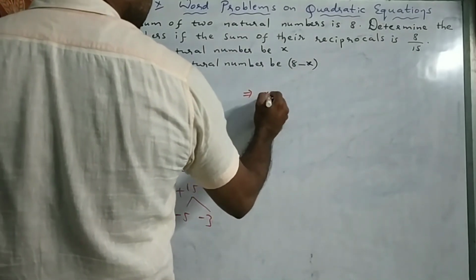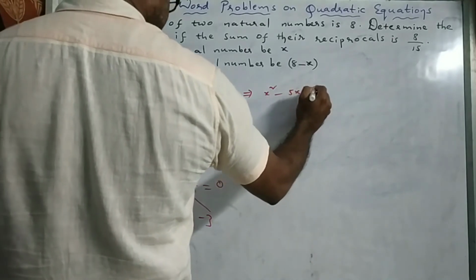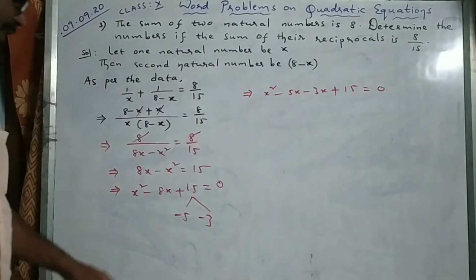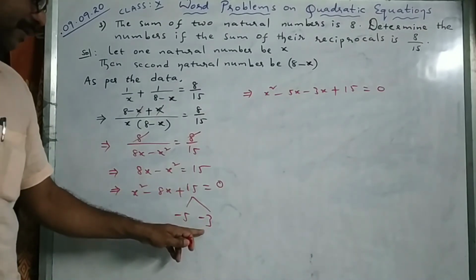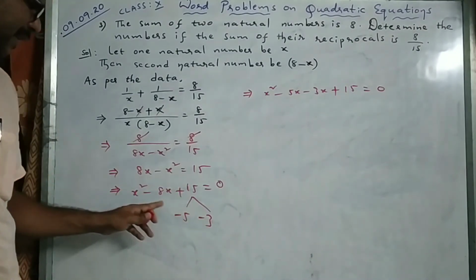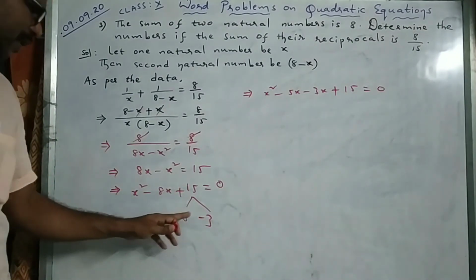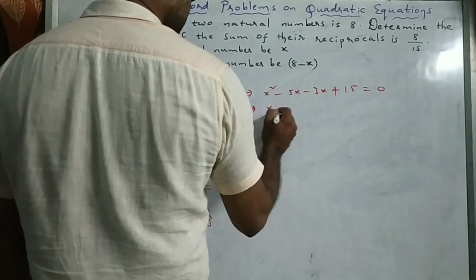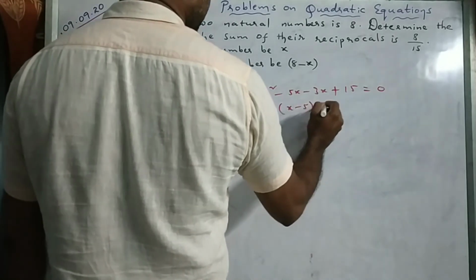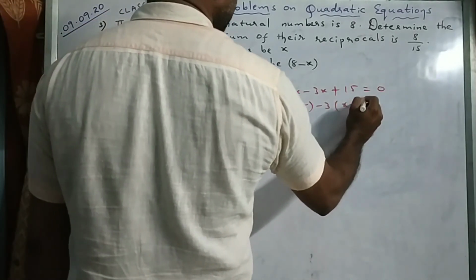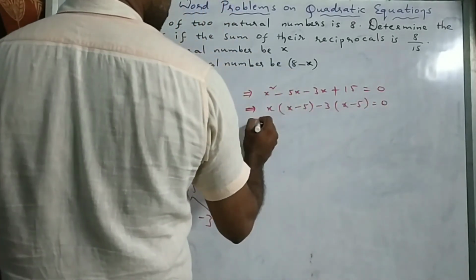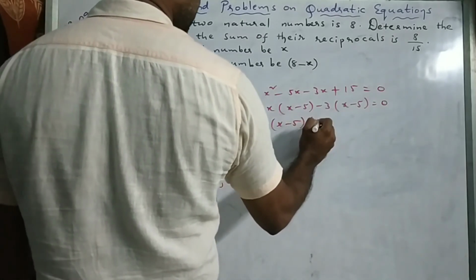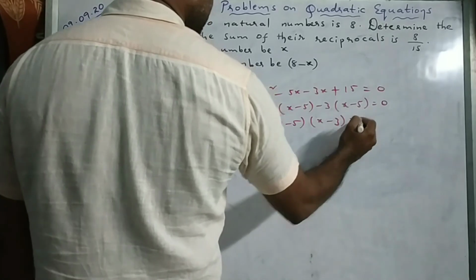So x square minus 5x minus 3x plus 15 equal to 0. Take x common, and minus 3 common, x minus 5. So totally x minus 5 into x minus 3 equal to 0.